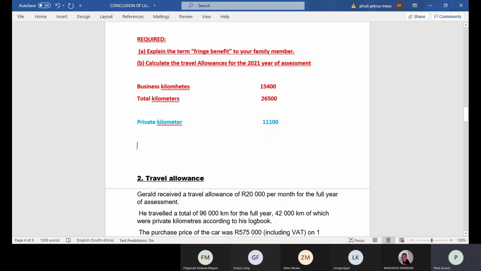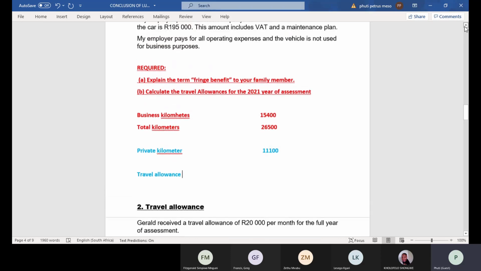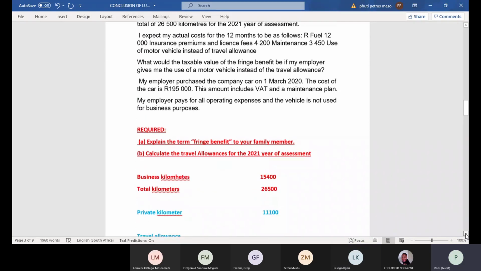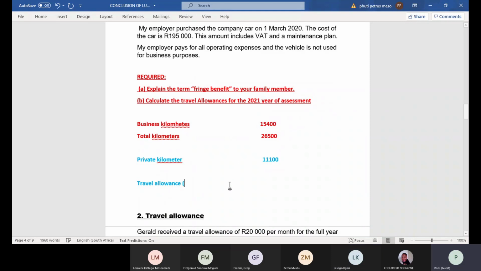Then let's have a look at the travel allowance. We are given an amount of 3.8. So you're just going to say 3.8 multiplied by 12.